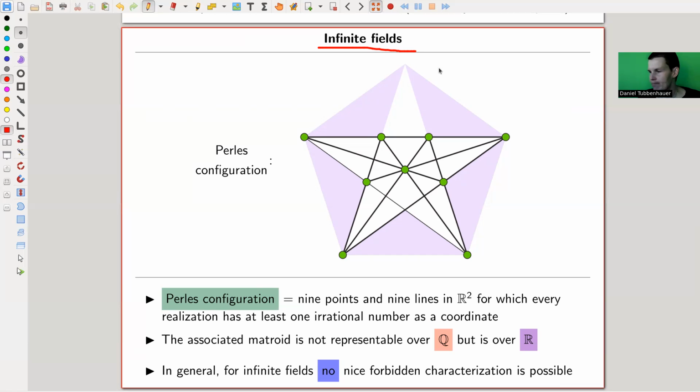There's this very difficult distinction between infinite fields usually, and I haven't seen any, and I think you could somewhat argue that there's no nice forbidden minor characterization possible in general, which is a bit sad. So you can do something for finite fields, but for infinite fields, it kind of gets really tricky. So most of those questions are still wildly open.